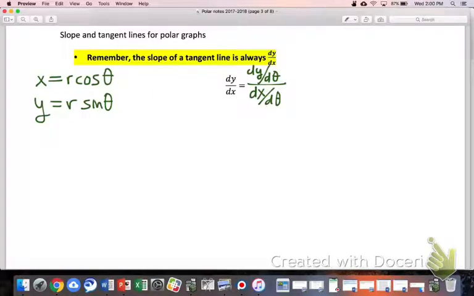Let's keep in mind one thing as I show you this. Think back to all the graphs we've done, especially the curvy ones. On all of those, wasn't r dependent upon theta? Like r equals 2 sine of 3 theta, r equals something or other theta. So these two are in terms of theta.